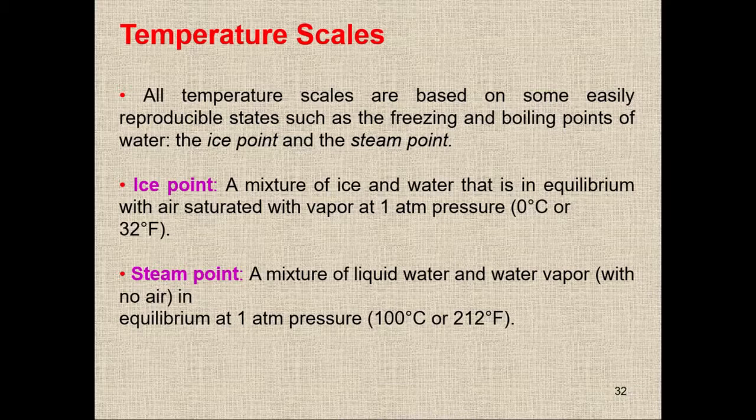Normally, if we have a pressure of 1 atm, 1 atmospheric pressure, then a mixture of ice and water that is in equilibrium with air saturated with vapor at 1 atmospheric pressure will be at 0 degrees Celsius or 32 Fahrenheit. So the ice point is basically 0 degrees Celsius or 32 Fahrenheit at 1 atm pressure.